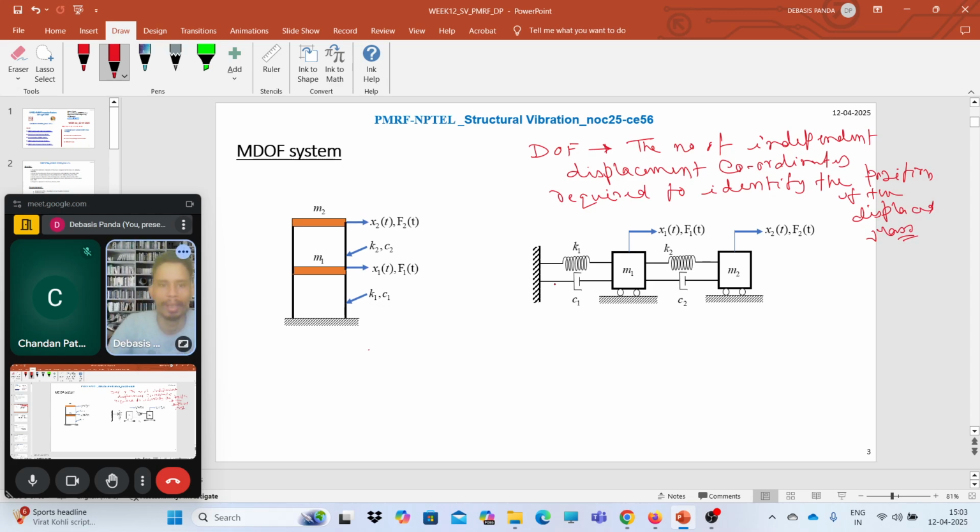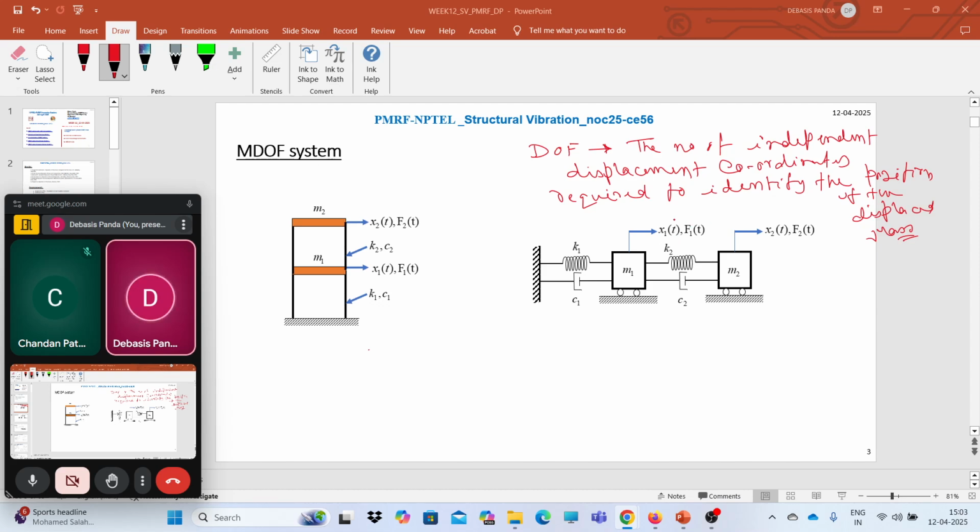So here we can see that this is a frame model, and we have idealized it to a spring-mass-damper system, where we have considered the viscous damping model, and for the multi-degree of freedom system we will discuss different kinds of damping models too. Here you can see we have two masses. To describe the relative position of these masses, we need 2 degrees of freedom.